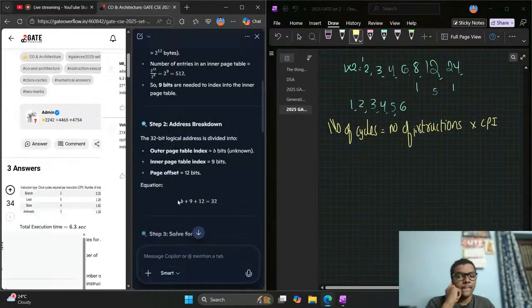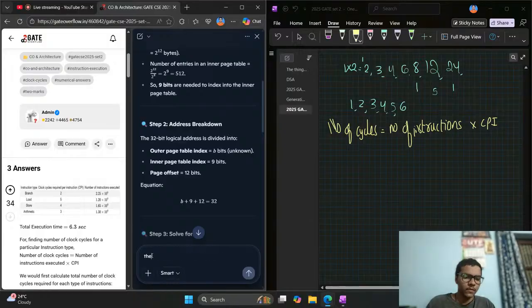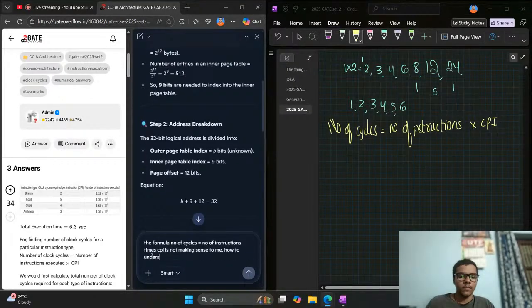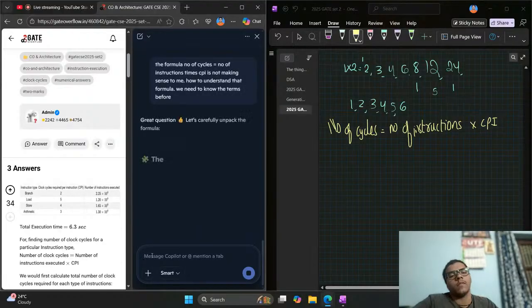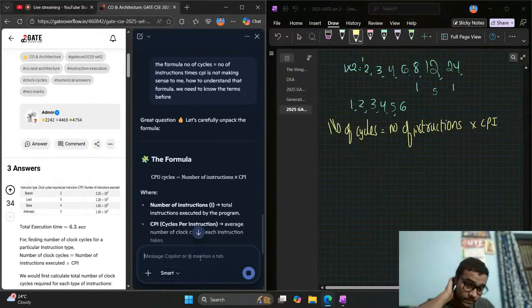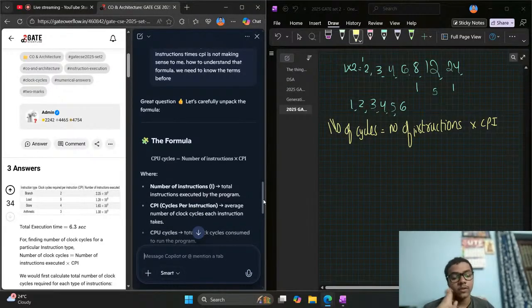The formula. Number of instructions is total instructions executed by the program.